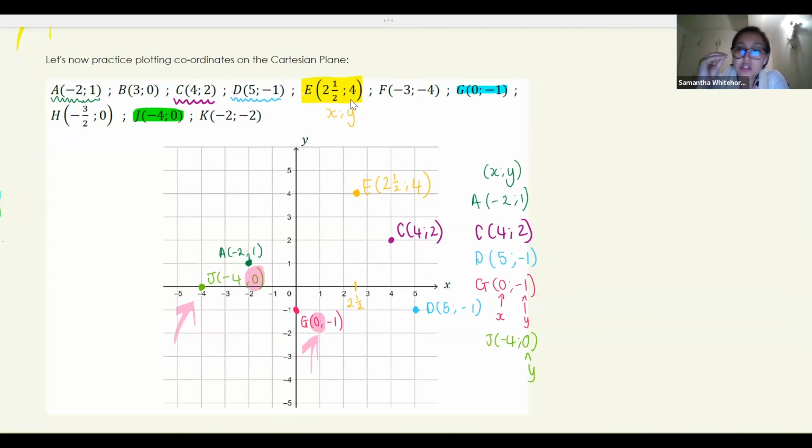Don't stress about it too much right now, but start to see these patterns. Every single time that x is 0, I'm sitting somewhere along my y-axis. Every single time y is 0, I'm sitting somewhere along my x-axis. And these are later going to be relationships or quite unique parts of a graph that we eventually plot.